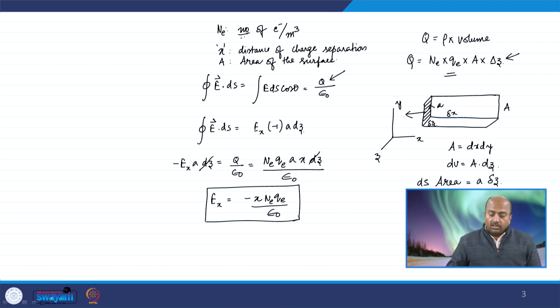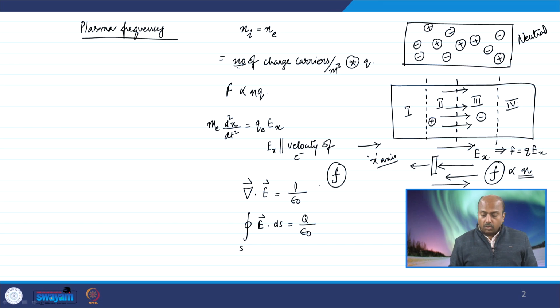Okay. What does it depend on? It depends on the distance over which charge separation has been created, the number of electrons per unit volume, charge of electron, and the permittivity of free space. Now this expression finds some meaning only when it is substituted into the equation of motion, which is this.